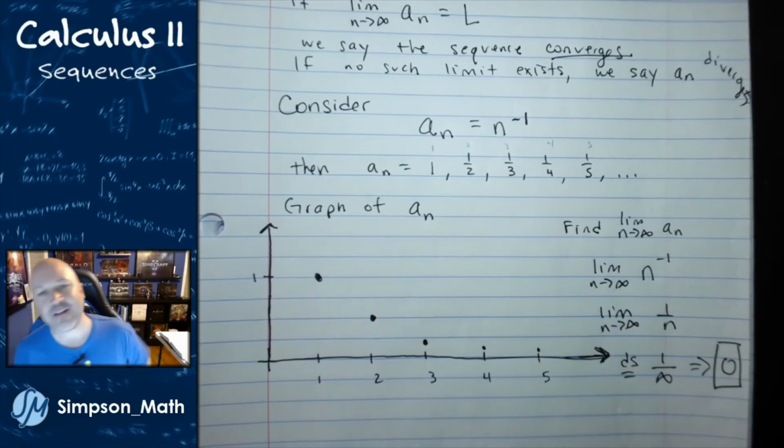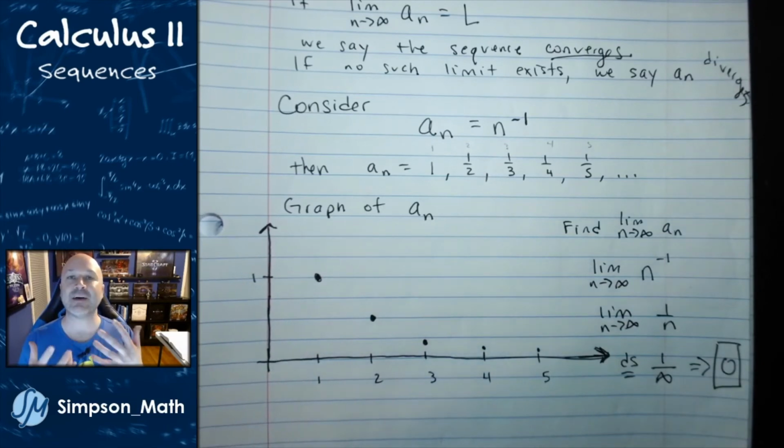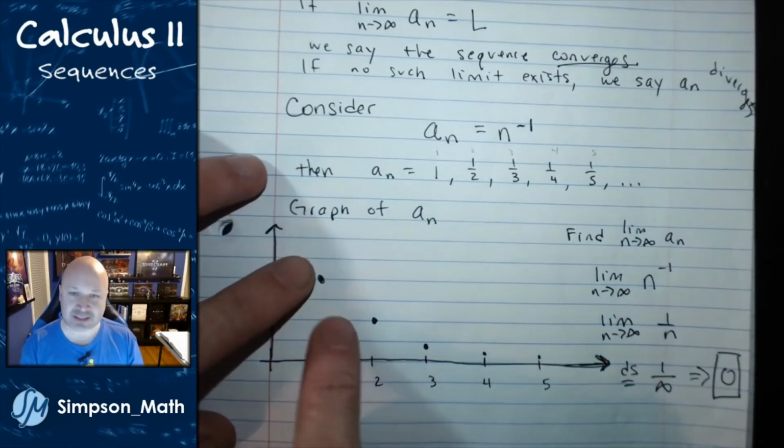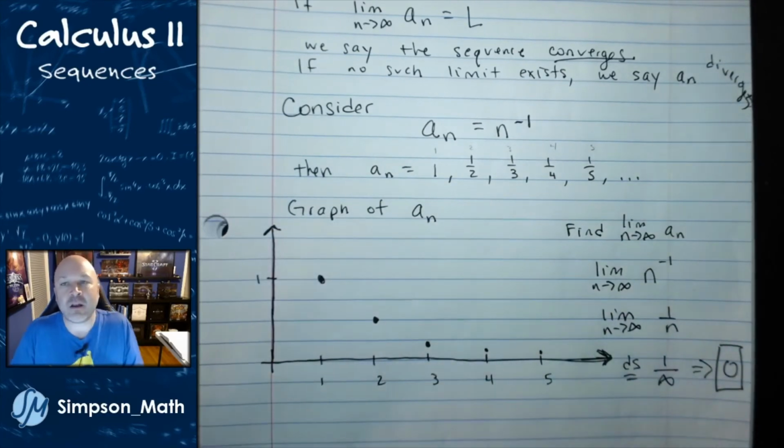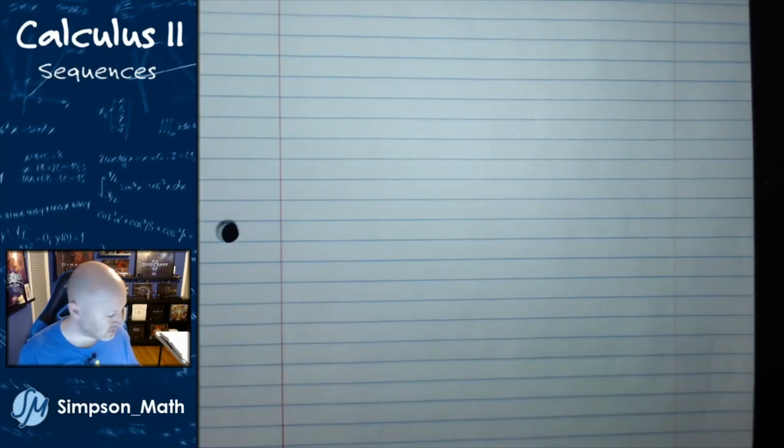All right, that's our next area. Now that we can think of sequences as functions, maybe not continuous ones, but at least discrete functions, we can go back and kind of review our limit skills. Let's do that. Let's do some more of these examples.